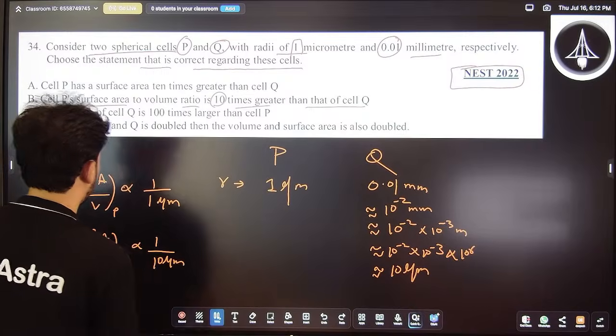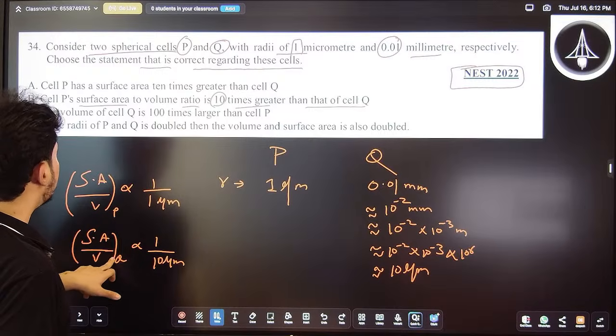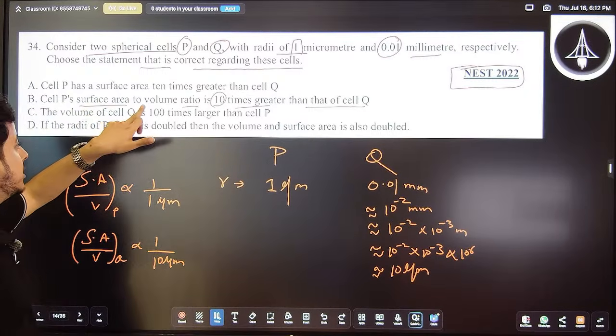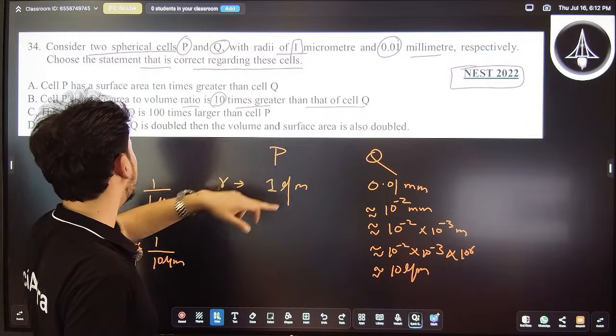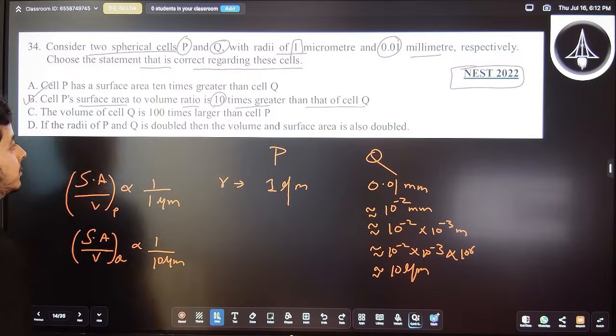So what you understand is that the surface area to volume ratio of cell P is 10 times greater than that of Q. That is something which we understood. So option number B is correct.